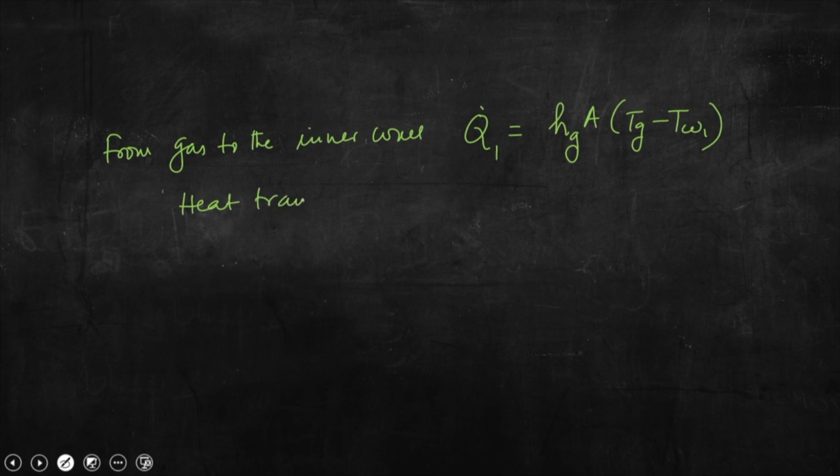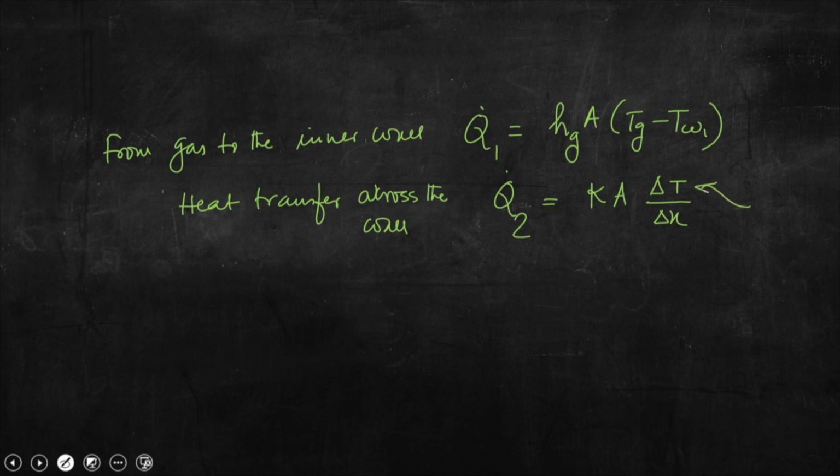Heat transfer across the wall. So, this is again q dot 2. If we write, then it would be K A delta T divided by delta X, right. Where this delta T is T W 1 minus T W 2.